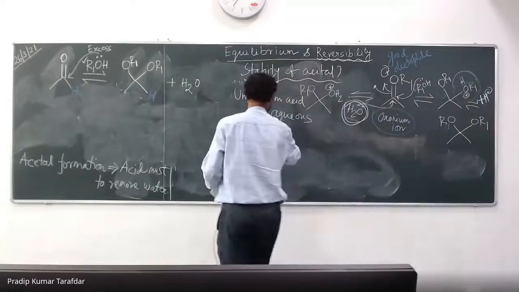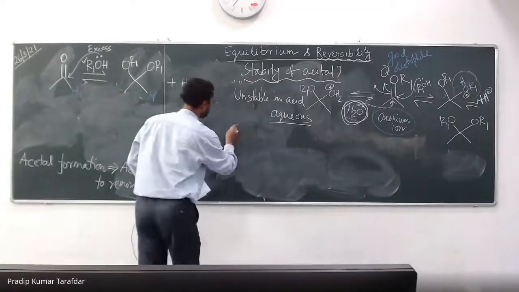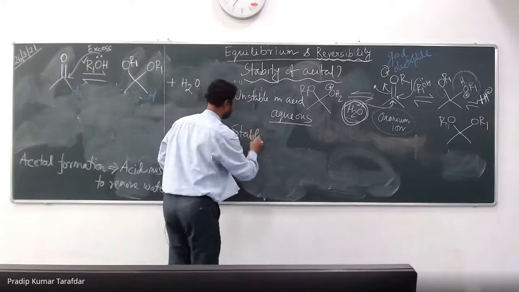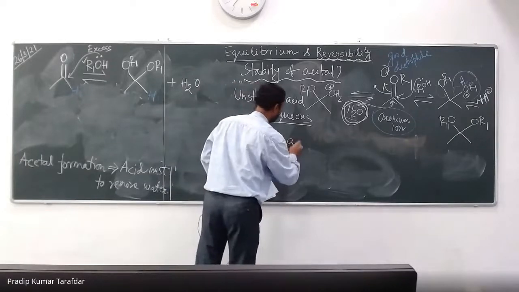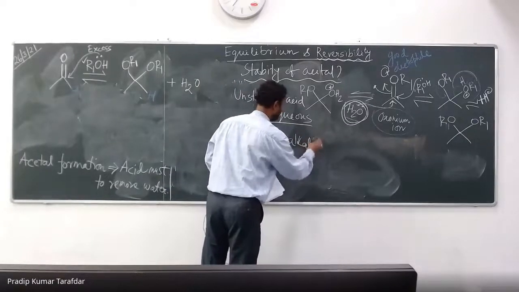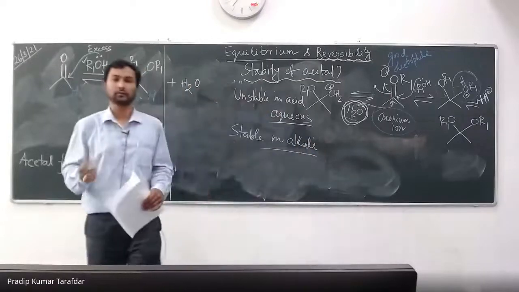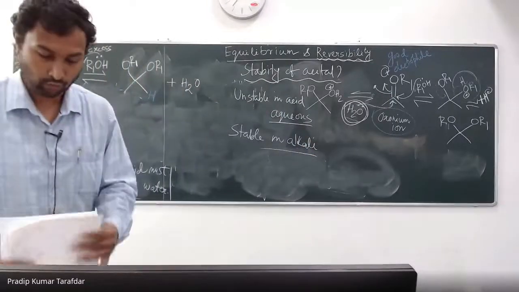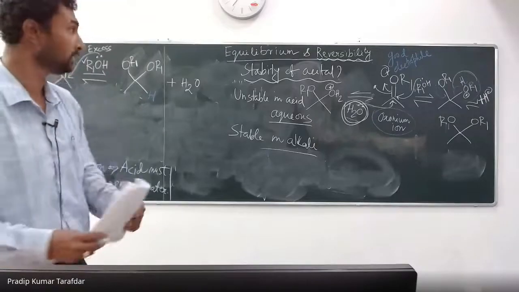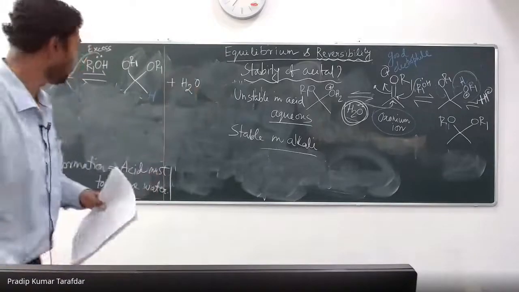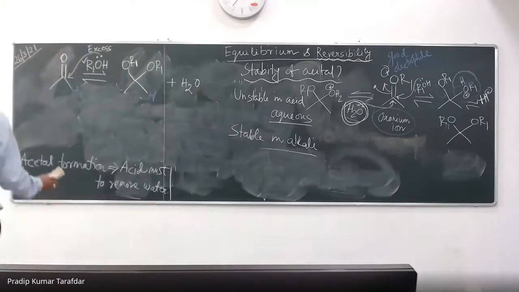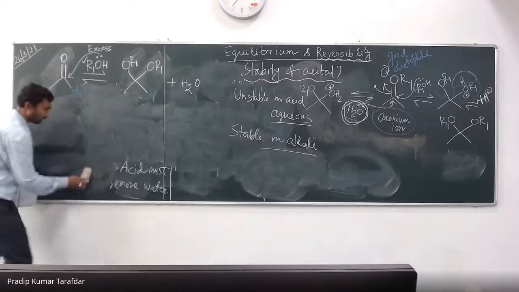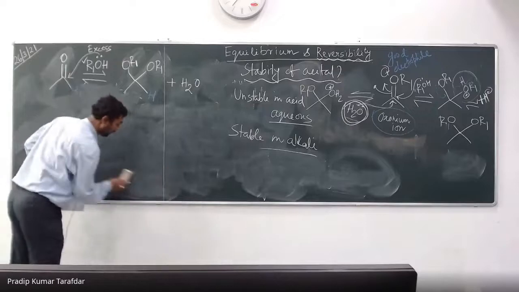So aqueous acid is required, and acetals are stable in alkaline solution. And I hope now we will not memorize; we can also understand from the mechanism. So that's why the course is reaction mechanisms in organic chemistry.